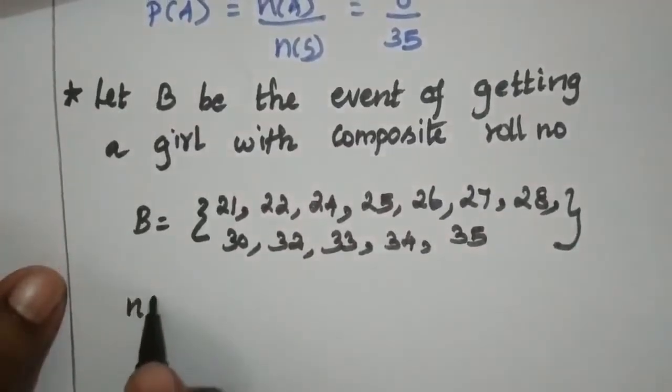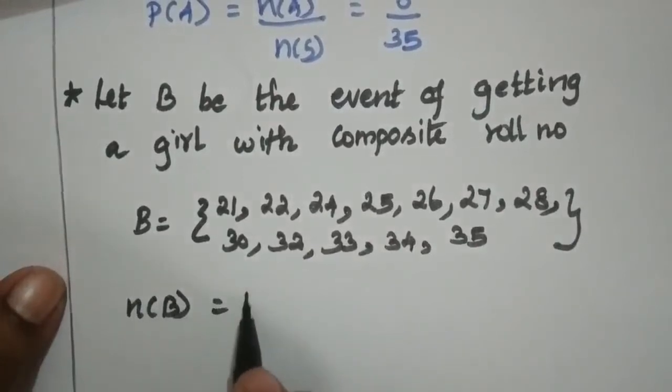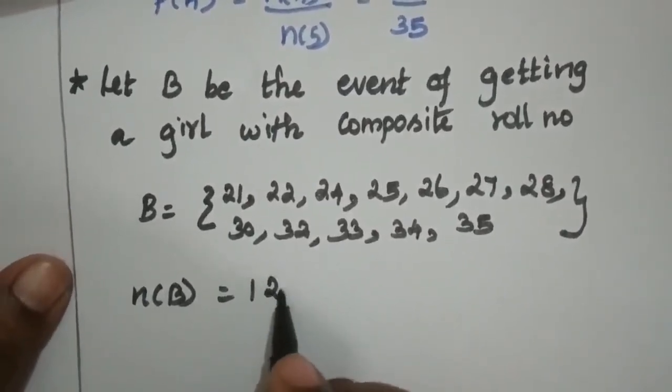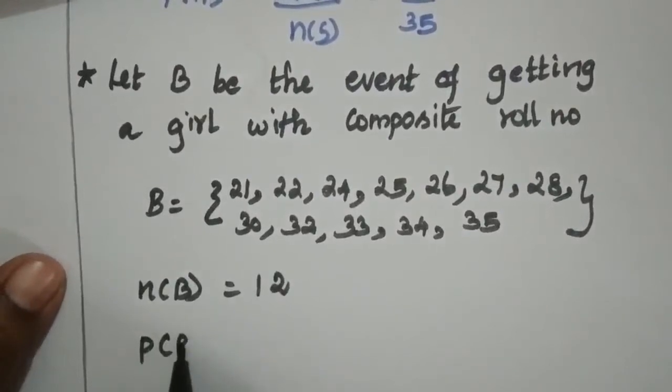So what is the n of B then? N of B is equal to 12. P of B is equal to n of B by n of S, which is 12 divided by 35.